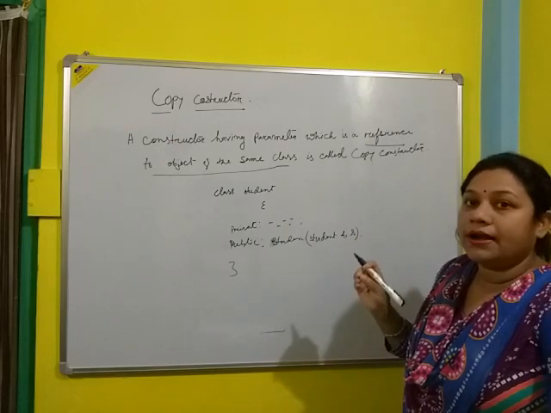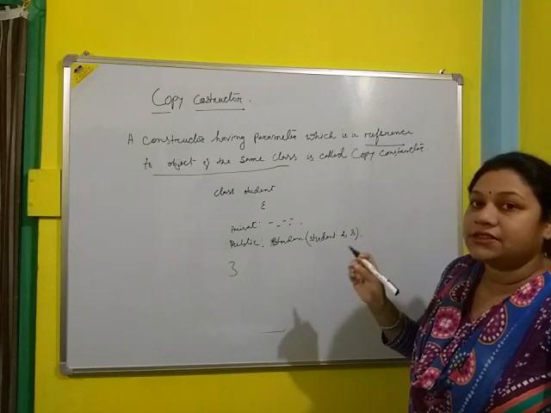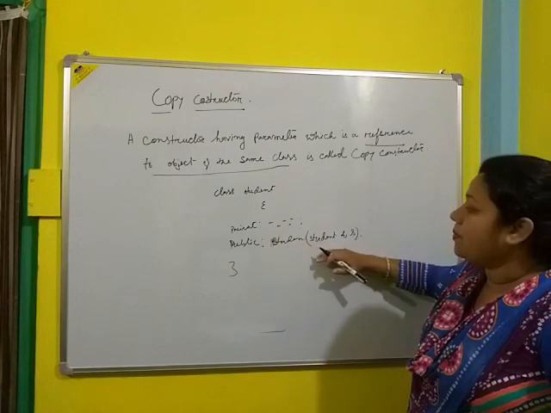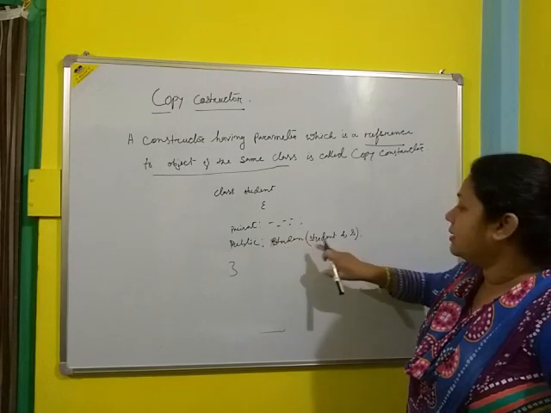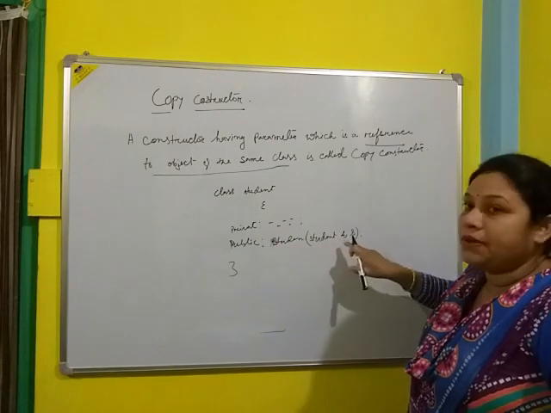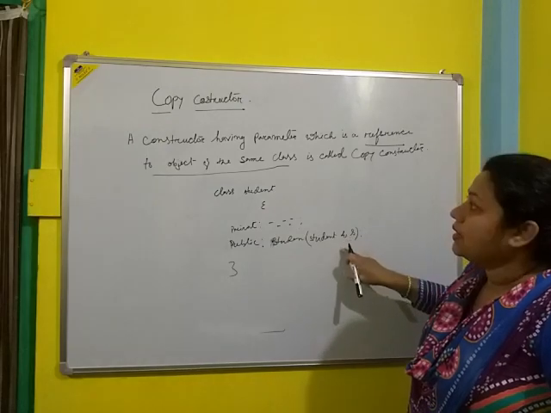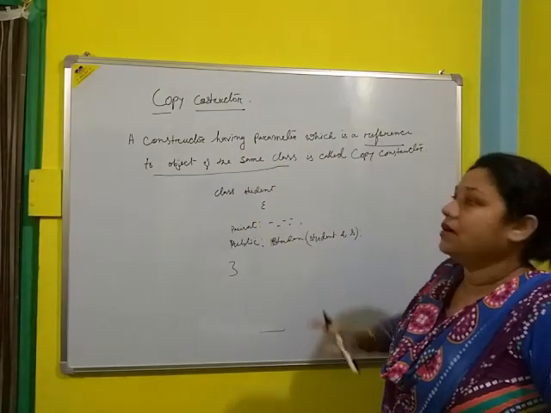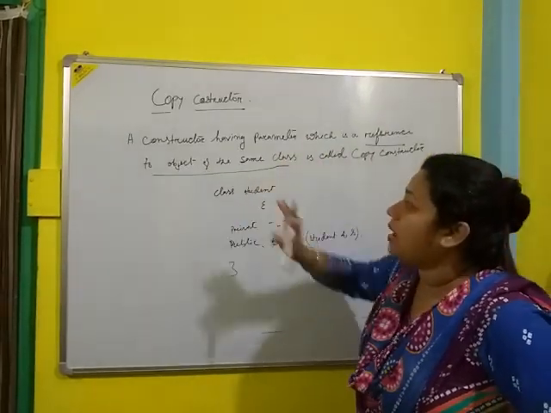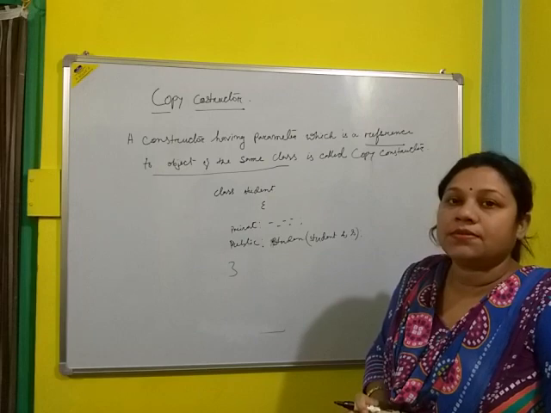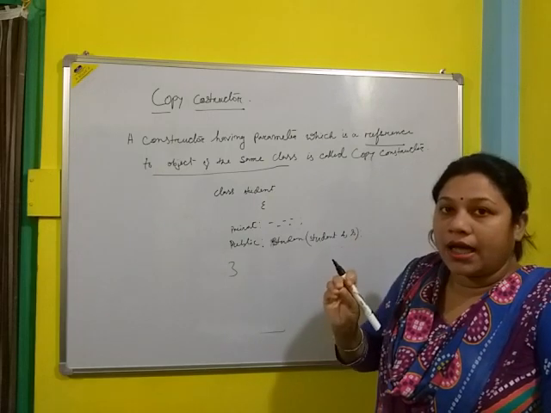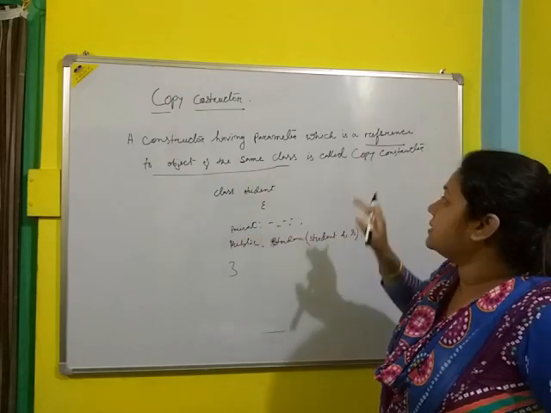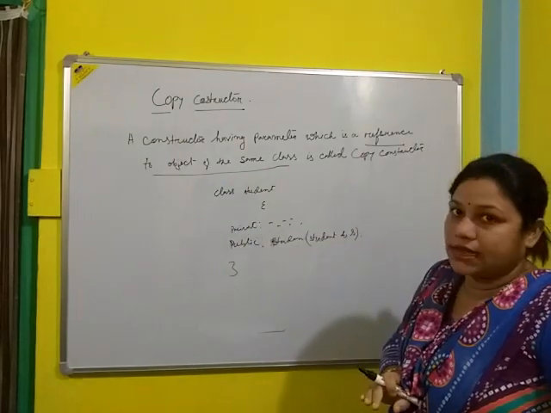Okay, reference method means what? When we give the address of the object of the class as an argument to the constructor body, then it is known as reference method. Okay, now from the definition, a constructor having a parameter which is a reference of the object. Reference of the object means I am giving the address of the object of the same class, and it is called the copy constructor.